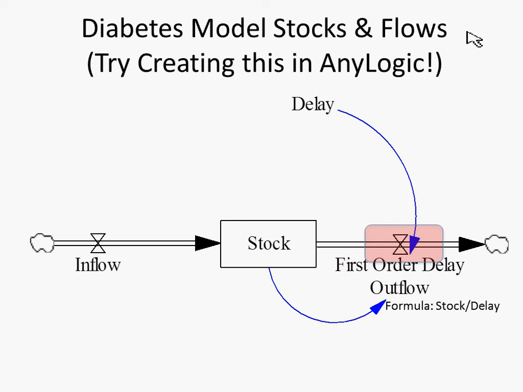Their chance of remaining for 1 time unit is e to the minus 1 over delay. The chance of remaining for delay time units is e to the minus t over delay, which if t is delay, is e to the minus 1. The chance of remaining for 2 times delay is e to the minus 2.